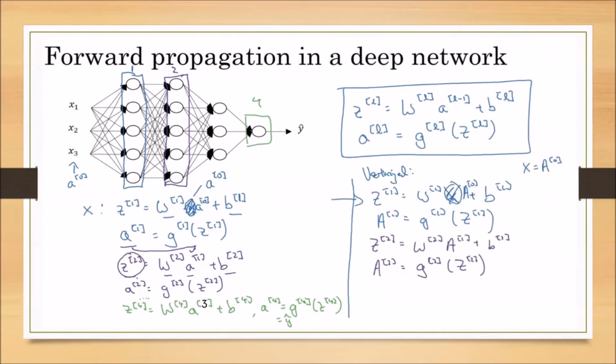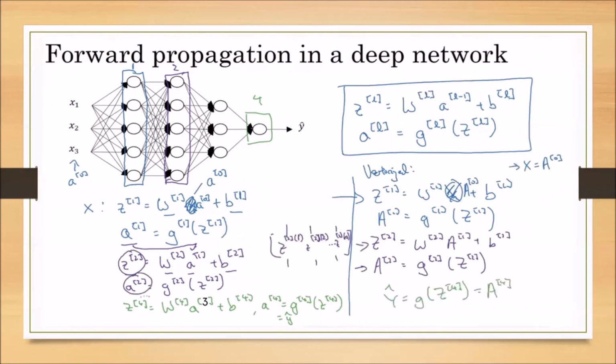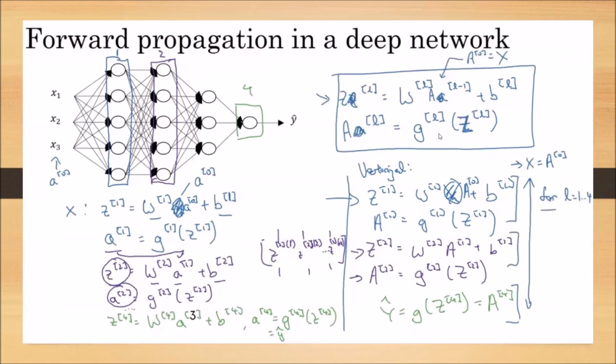Similarly Z2 and A2. Remember one point: when we vectorized, we took 4 steps. Because we have 4 layers, first we calculated Z1 and A1, Z2 and A2, up to Z4 and A4.